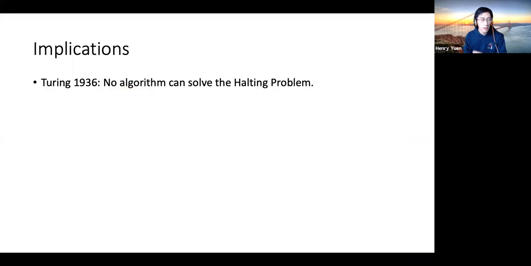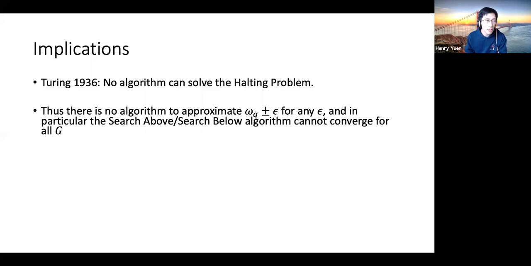Okay. So the implication of this, well, we know from Alan Turing, who proved that there is no algorithm that can solve the halting problem, right? No algorithm can decide whether a general Turing machine will halt or not. So in particular, it means that there's no algorithm to approximate the tensor product value of non-local games up to any precision epsilon.